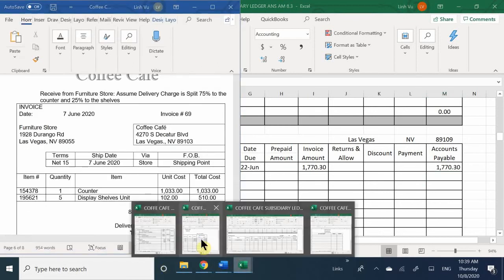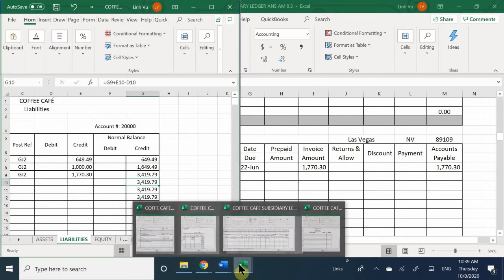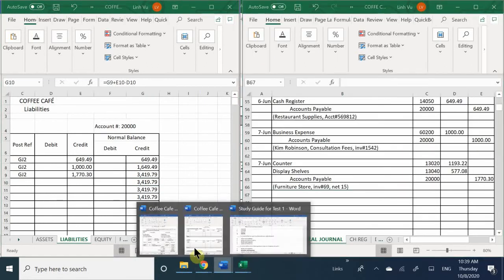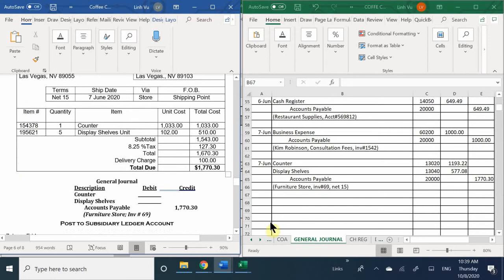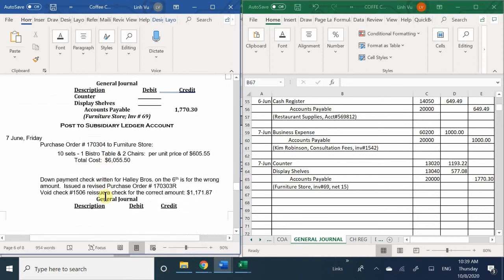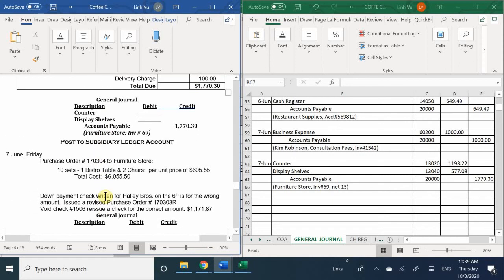Now, let's see what has happened. What has happened next? Now that we properly journalized it, we placed it in the ledger, and now we also post it to the subsidiary ledger. So what has happened next? Purchase of 10 bistro tables and chairs.